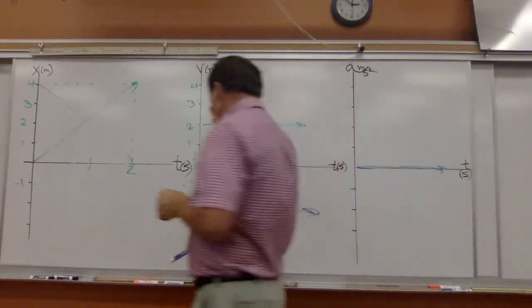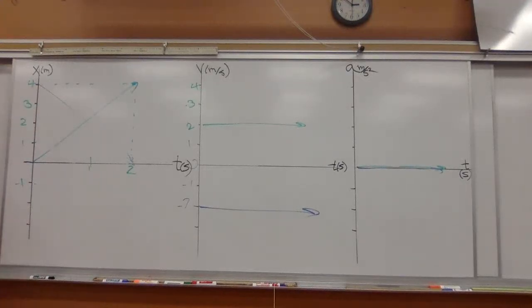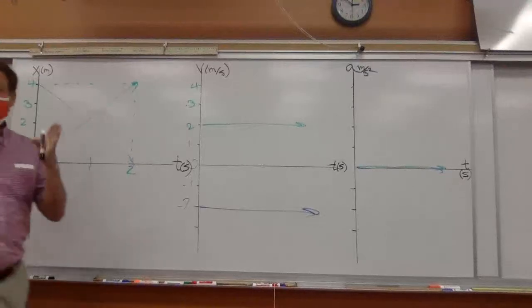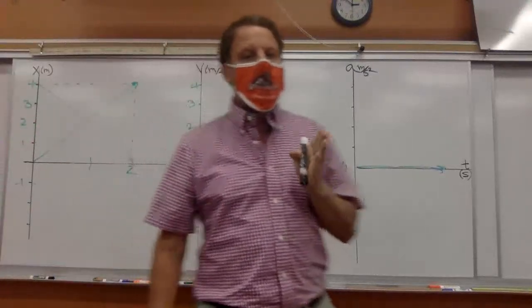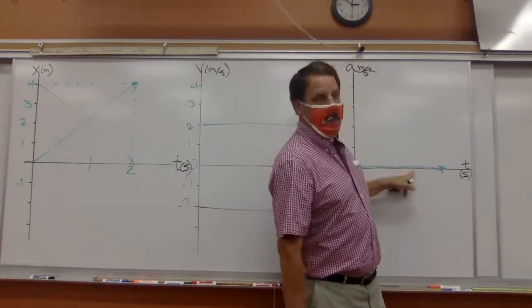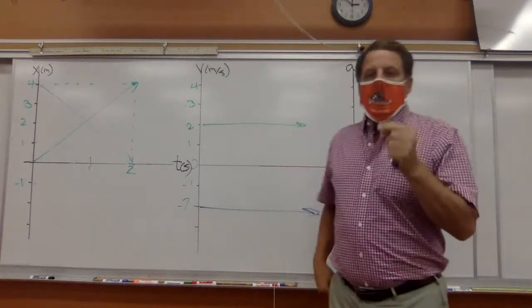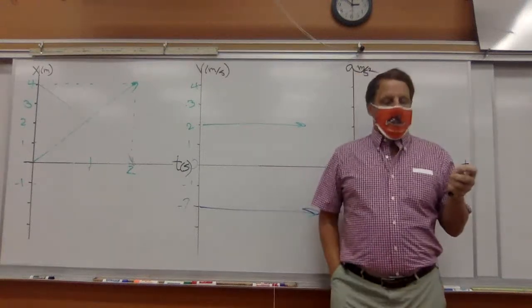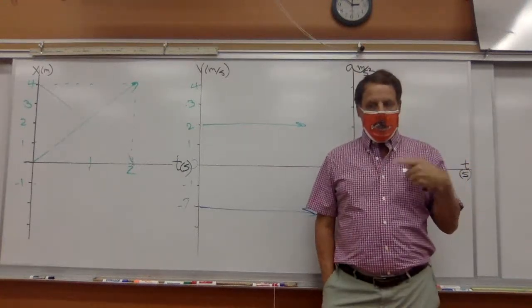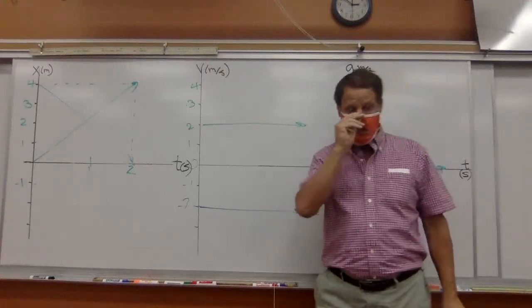Okay, so now what I'm going to do here is we're going to talk about an acceleration. What does the graph look like if we have an object that is not 0 acceleration? And again, we talked about this last week in one of the lectures without really graphing it so much.